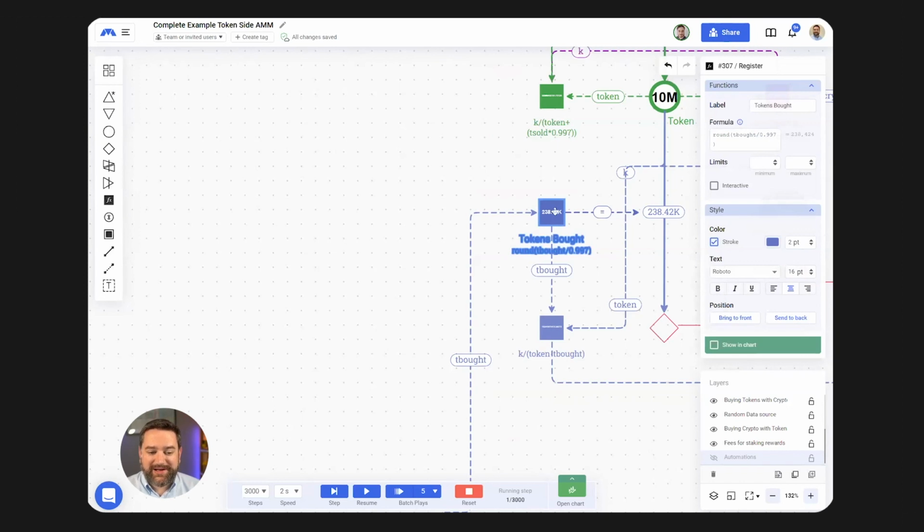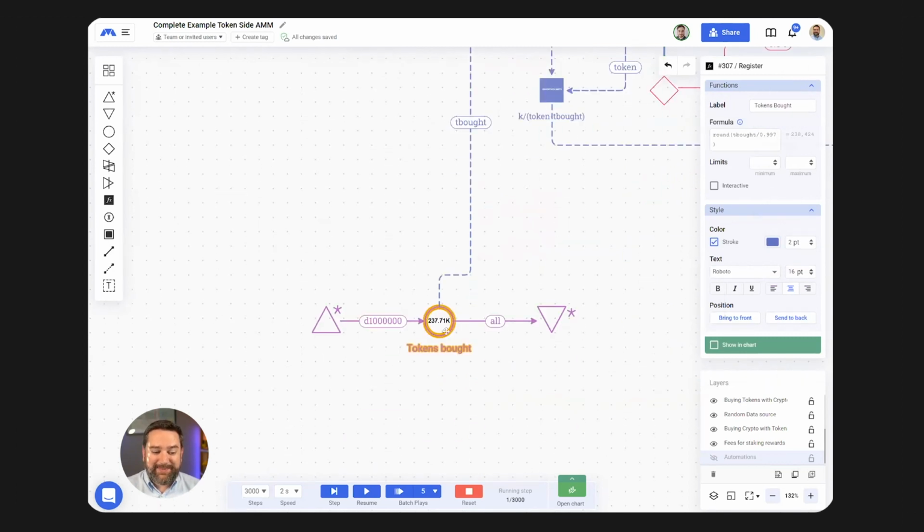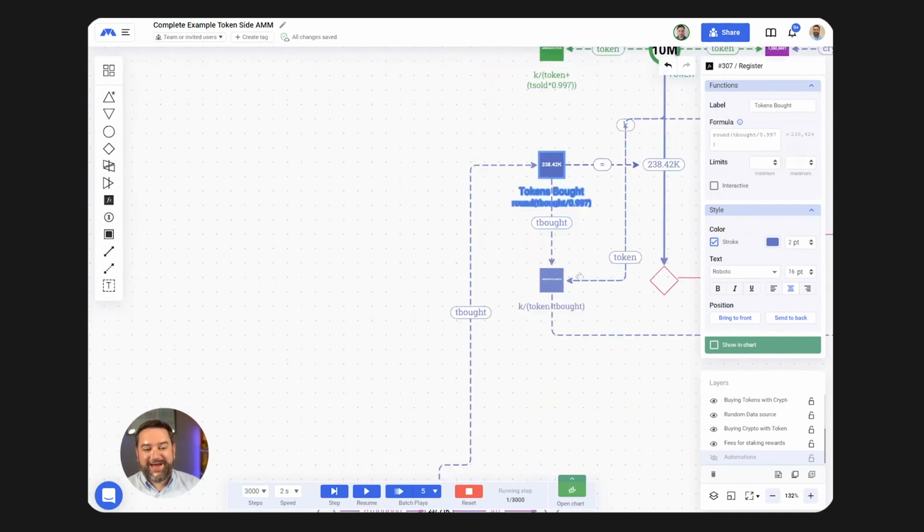This goes into my tokens bought, and in order to counteract that transaction fee, because my game actually requires the full 237,000, I need to counteract that tax that's being taken by the AMM. So therefore, I'm dividing it by 0.997 to increase that number.